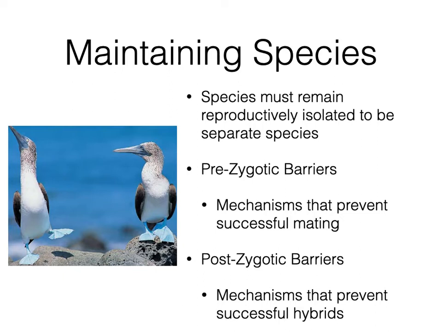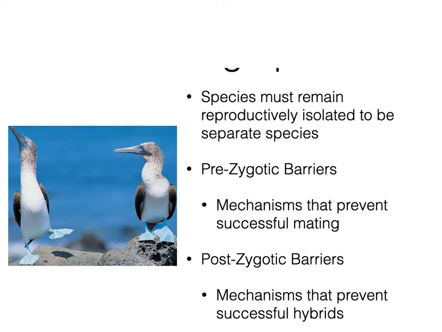And by successful hybrid, we mean an offspring of two members of different species or two members of a population, that hybrid is able to reproduce offspring of their own. Okay, so let's go over some examples of these pre and post zygotic barriers.